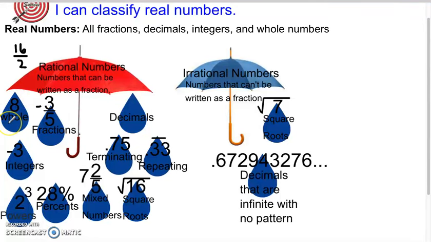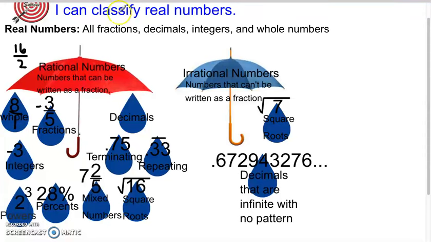And so I can create a fraction that gets me to 8. I can even just put a 1 under the 8: 8/1. 8 divided by 1 is still 8. And so I can make it into a fraction. So all whole numbers, and there's an infinite number of whole numbers, that means there is a forever amount, can be written as a fraction, and they are under this category of rational numbers.